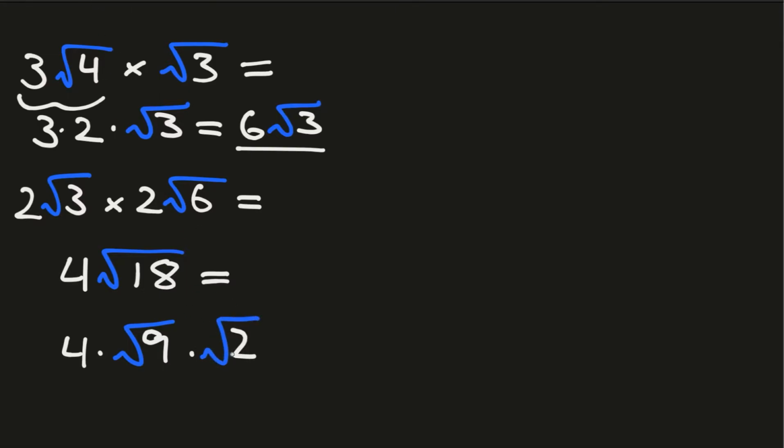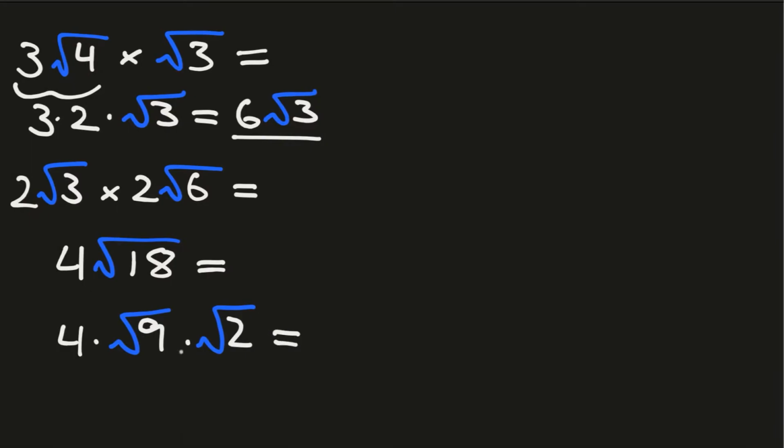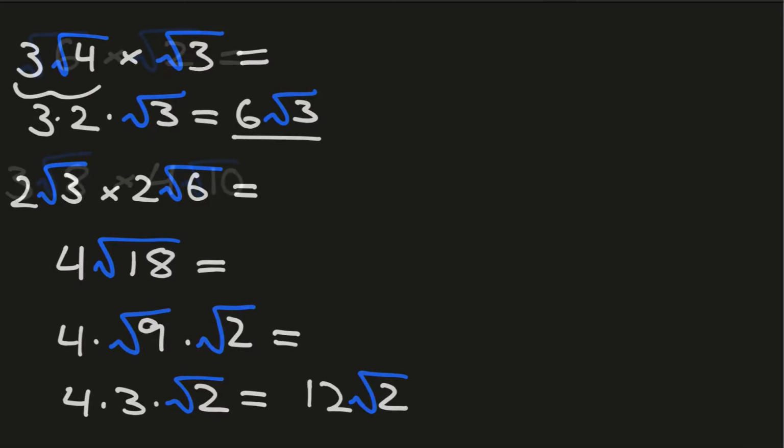We simply broke down 18 into 2 square roots. 9 is a perfect square, meaning that we're left with 4 times 3 times the square root of 2, which is a non-perfect square. So our answer is 12 times the square root of 2.